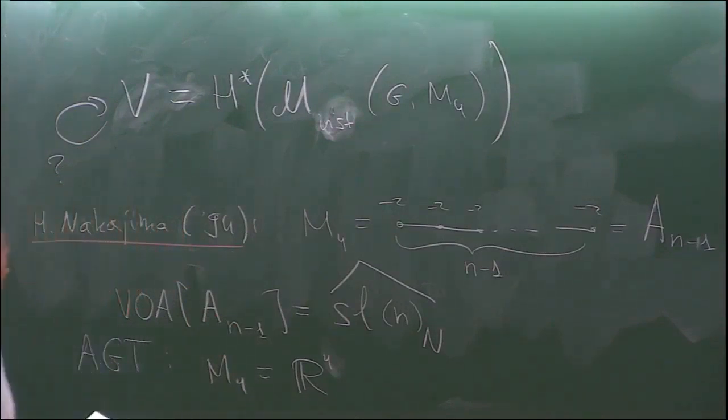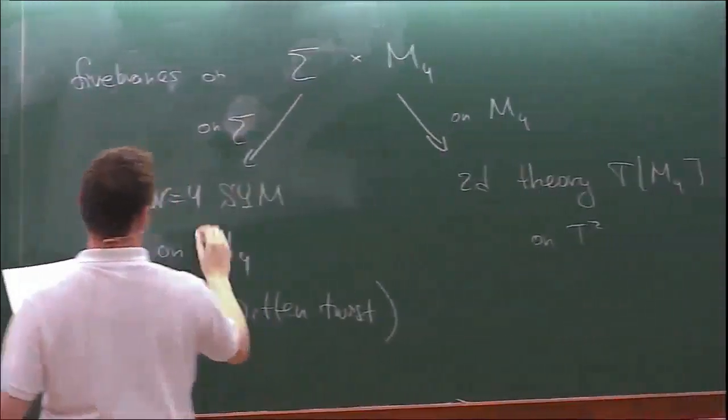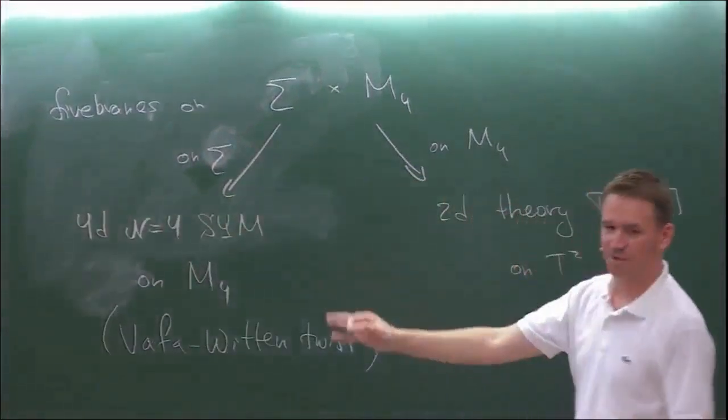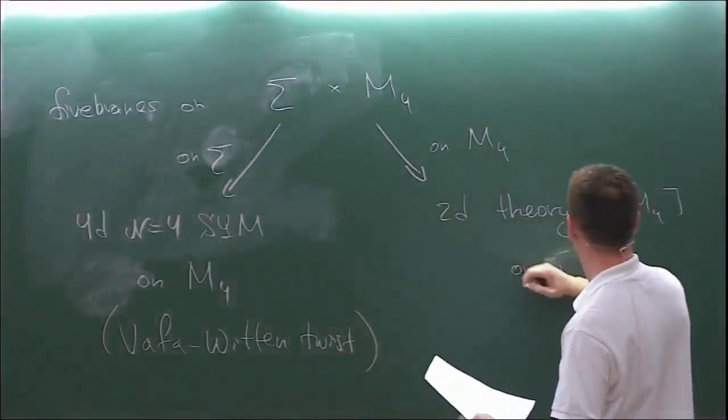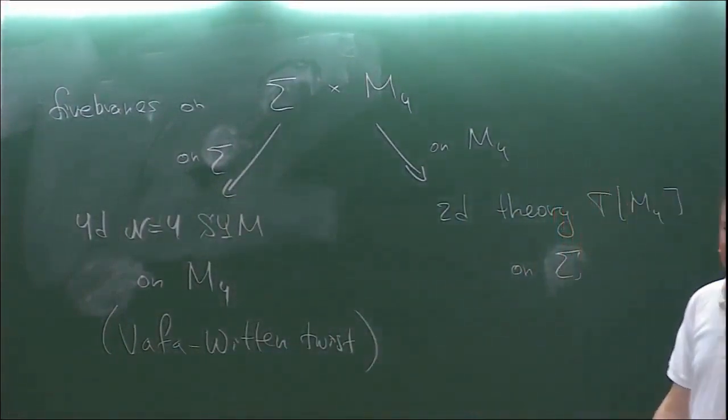So there are a couple of things I can, in fact, thanks to a question, immediately try to address here. So first of all, I can replace this 2-torus by any sigma and get some theory of class S on one side, topologically twisted, and here it will be some chiral partition function of a 2-dimensional theory on sigma.